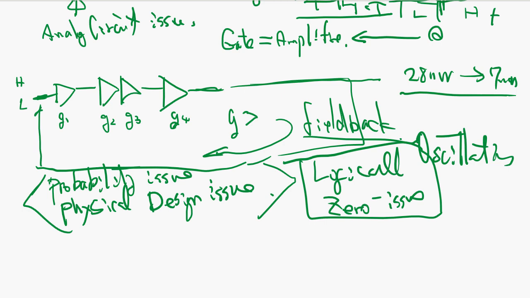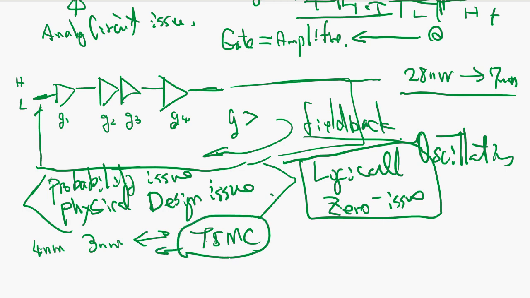You heard that Apple tried to make a 4 nanometer chip and a 3 nanometer chip, but yield is terrible. TSMC said we cannot get the yield. Of course, Apple designs the logic.